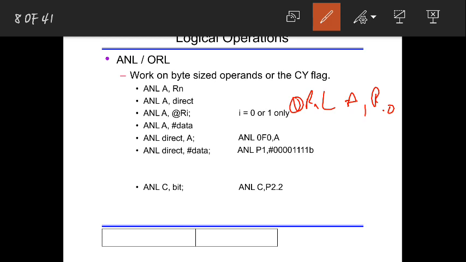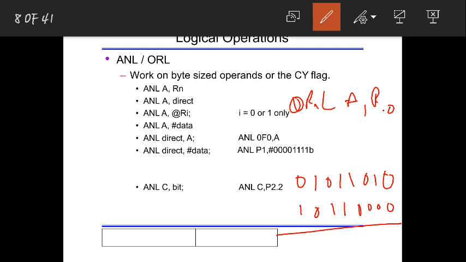I'll take A to be, directly writing the value in binary, 0 1 0 1 1 0 1 0, and the content of R0 is 1 0 1 1 0 0 0 0.